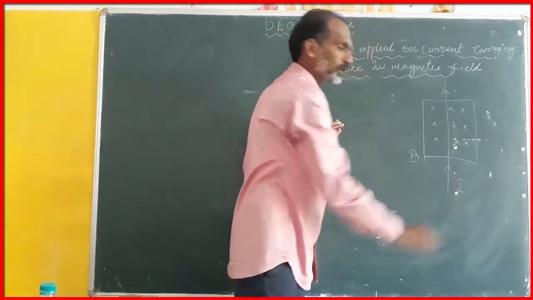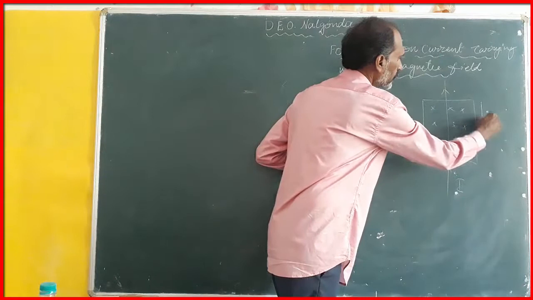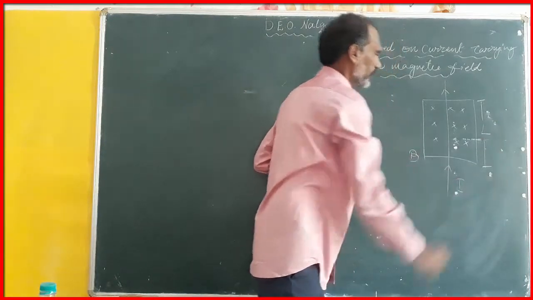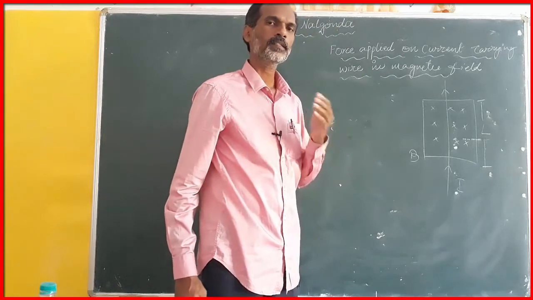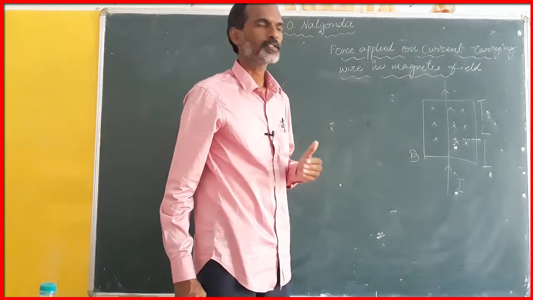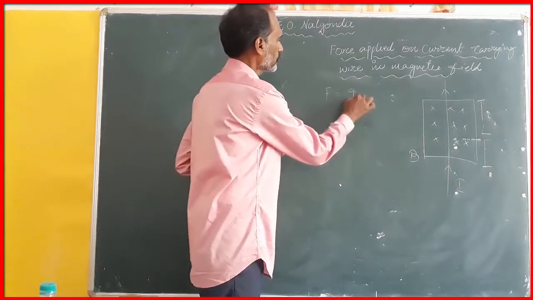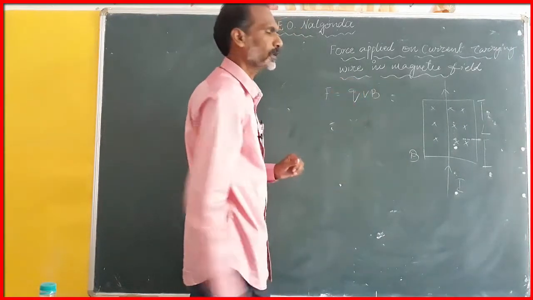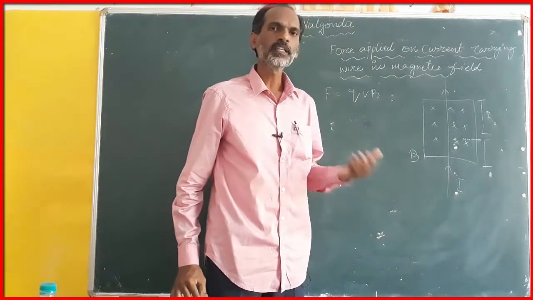Current I passes through the conductor, and the length in the magnetic field is capital L. We know the formula that the force applied on a moving charge due to the magnetic field is F equals Q V B. Actually, we know that current means moving charge.